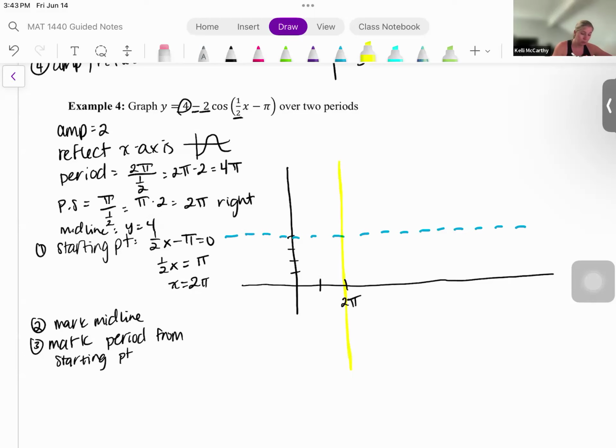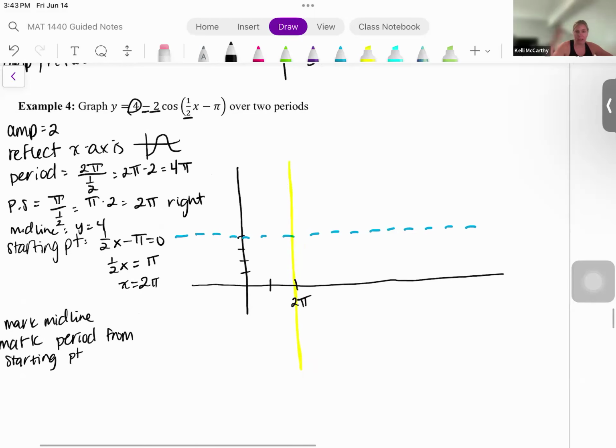And our period is 4 pi units. So I've already scaled it by pi. So I'm going to go 1, 2, 3. That's 4 pi, which takes me to 6 pi. And this is where my first period is going to end. Now, I could continue to go to the right, or I could go to the left. It doesn't make any difference from that 2 pi.